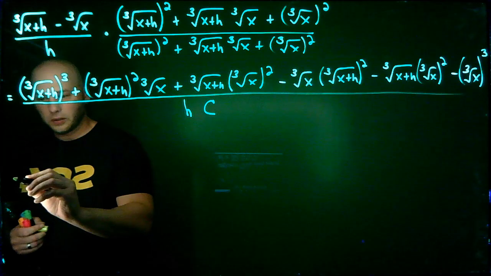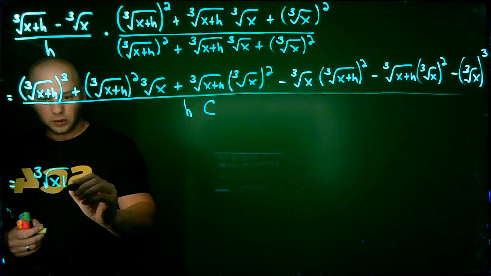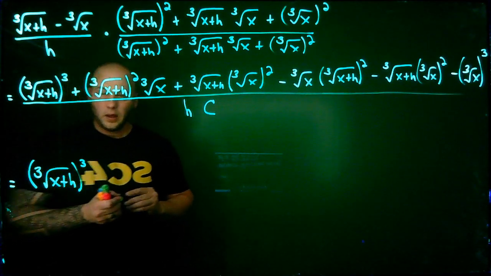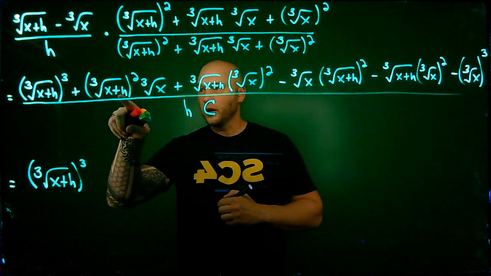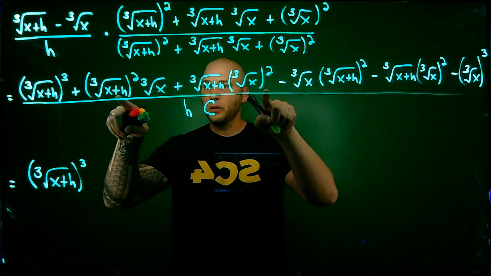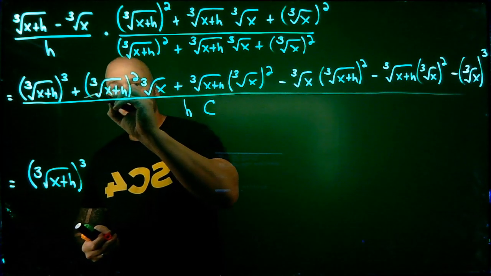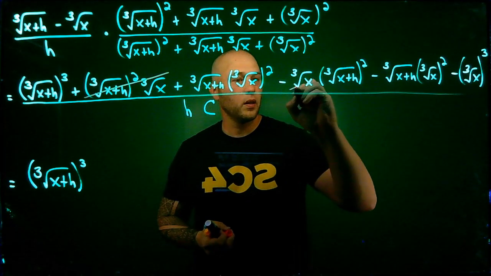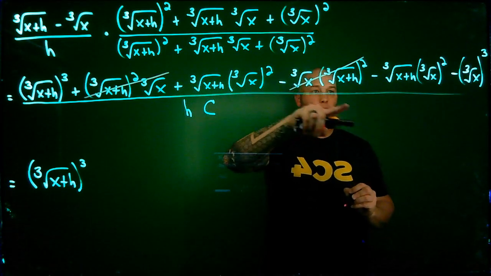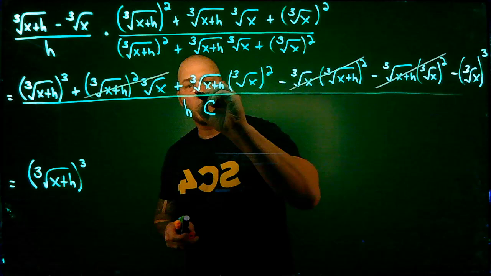Let's see what cancels. I know that I get the cube root of x plus h cubed, and then here I've got the cube root of x plus h squared, cube root of x. Let's see if there's a negative one of those right here. That says that this whole term here cancels with this one. And then I've got the cube root of x plus h, cube root of x squared. Same thing here, but this one's negative, so that cancels with that.